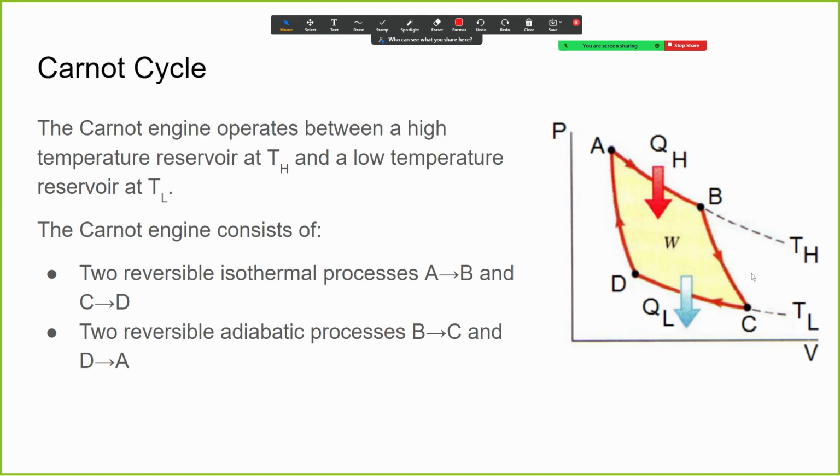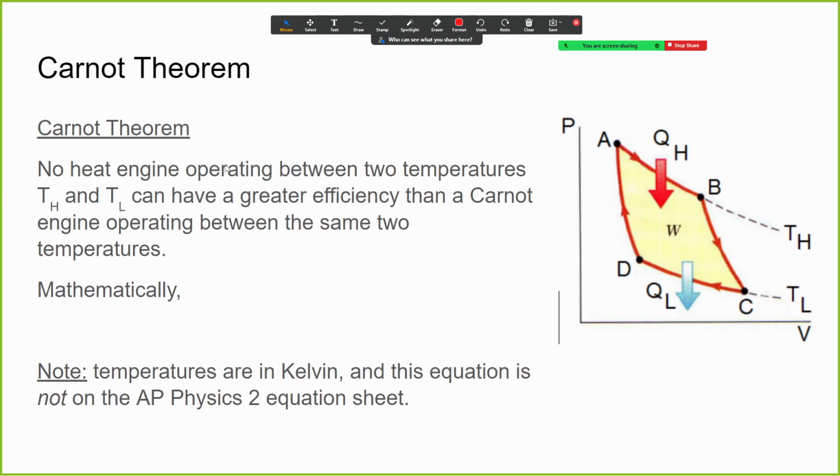This is a clockwise process here, so it's important to note which way these are actually going. So Carnot's theorem itself states that no engine operating between two temperatures TH and TL can have a greater efficiency than a Carnot engine operating between the same two temperatures.